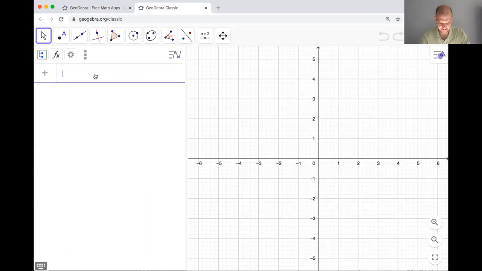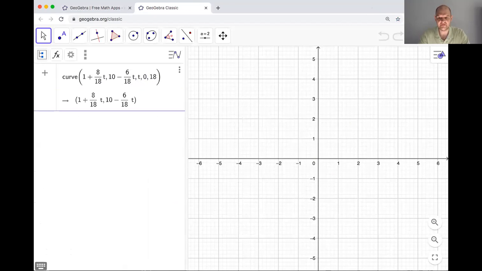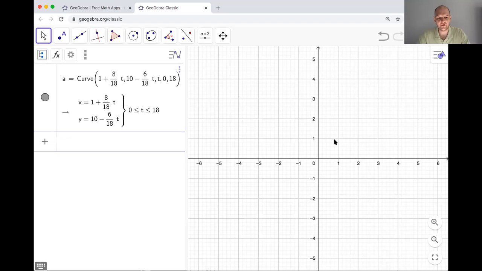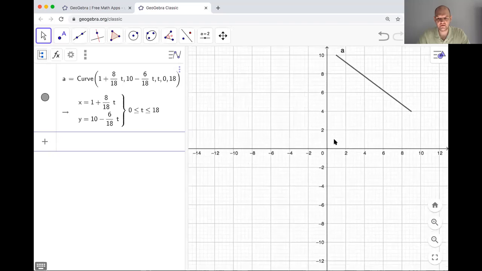All right, so I'm putting particle 1, curve, there we go. 1 plus 8 over 18 t, 10 minus 6 over 18 t, t from 0 to 18. Okay, where is that? It's out here.